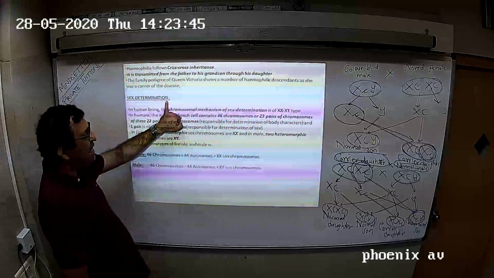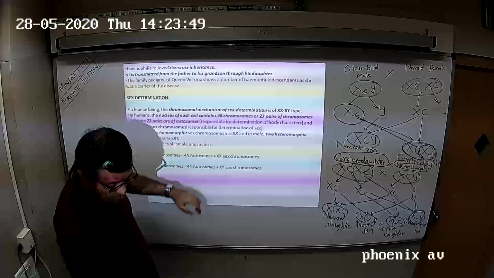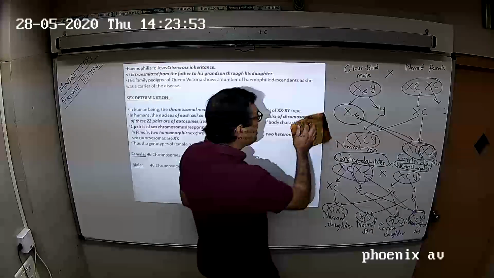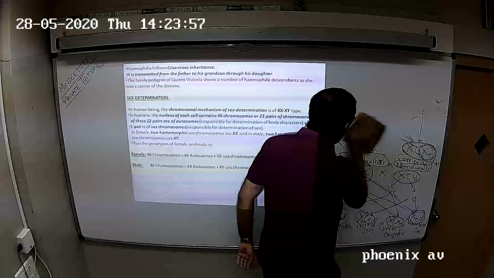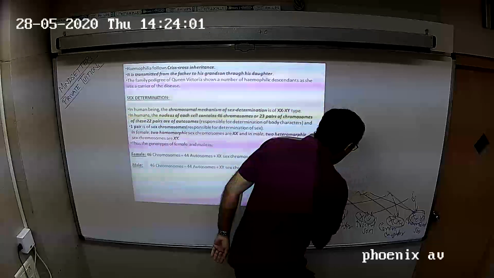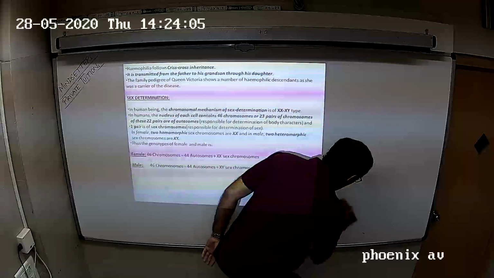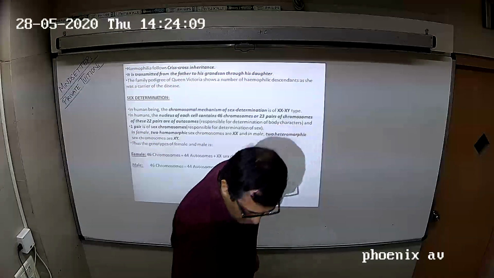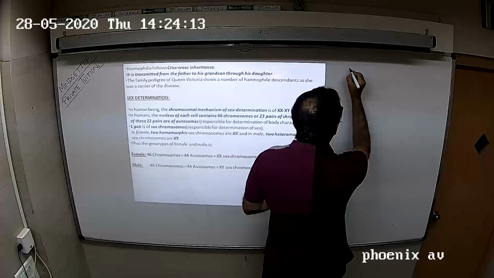Then we have sex determination. Sir, which are the different types of sex determination that we have? In case of humans, we have a kind of sex determination which is called XX, XY. So which sex determination do we have? XX, XY.